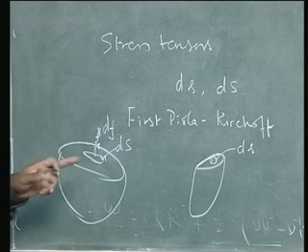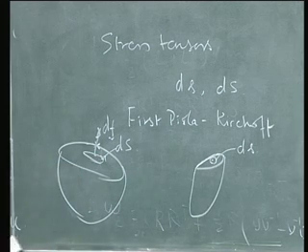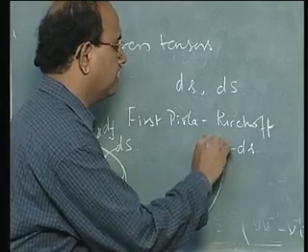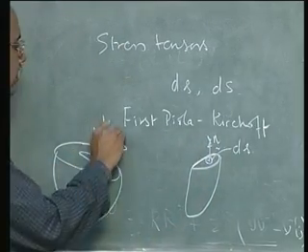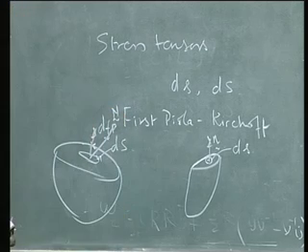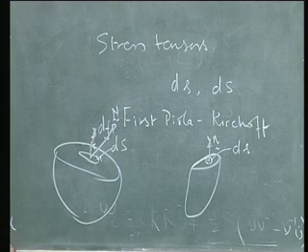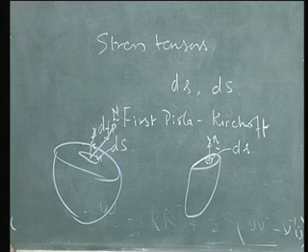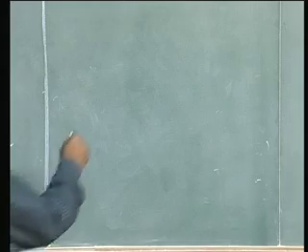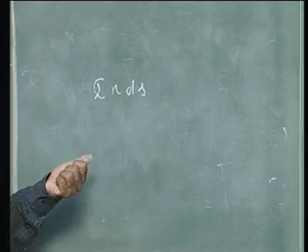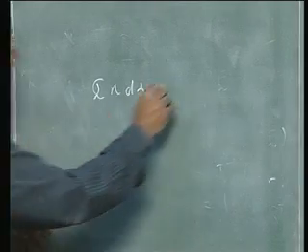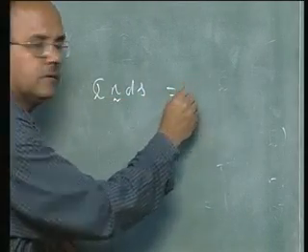So in this case let this be the normal. Of course this also has a normal, let me call that normal n. Then df being the same, acting in that small area, because it's an infinitesimal area, you can define sigma n ds, which gives me df in the deformed coordinate to be what?